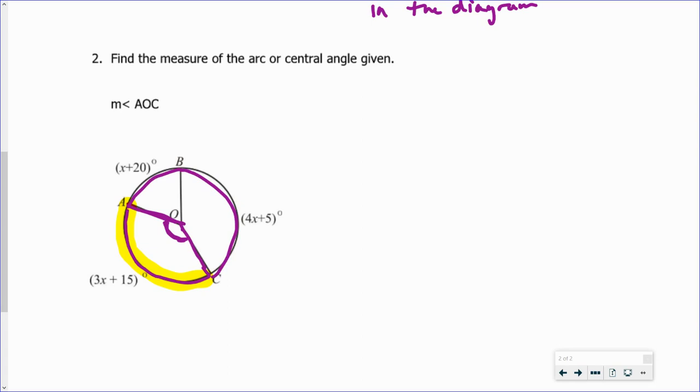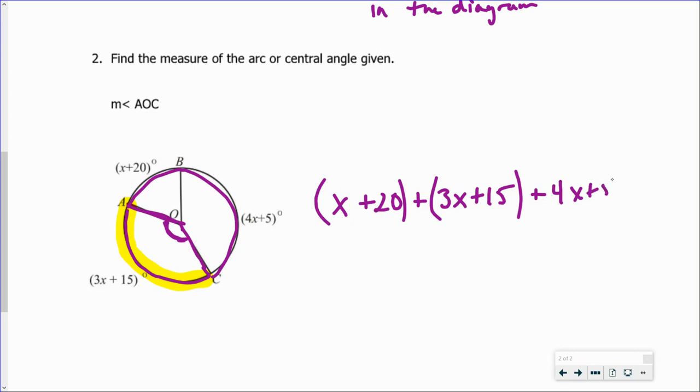Now, one full revolution around a circle is 360 degrees. So all I'm going to do here to find the measure of angle AOC is add x plus 20 plus 3x plus 15, put grouping symbols around these, plus 4x plus 5, and set that equal to 360, because again, that's one full revolution around the circle.